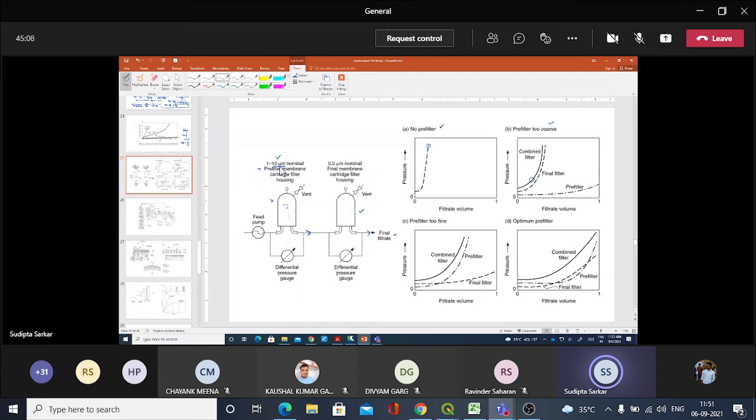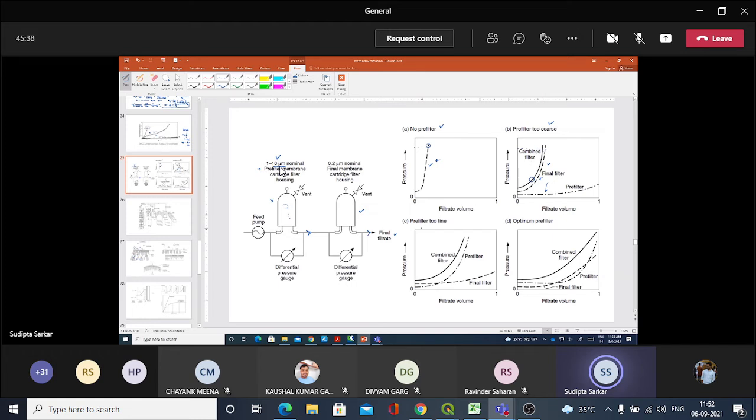Now you can argue that the final filter is this one, and this is the pre-filter. Of course, this situation is better than this one, but it can be much better.